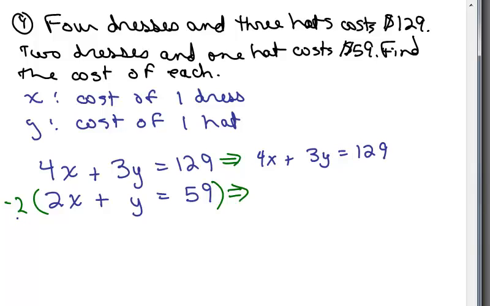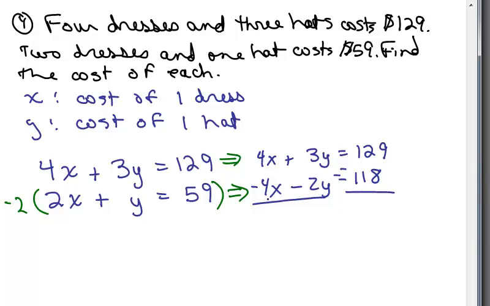And at the bottom, I got to multiply all the terms on each side by negative 2. So negative 2 times 2x is negative 4x. Negative 2 times y is negative 2y. And negative 2 times 59 is a negative 118. So it equals negative 118.